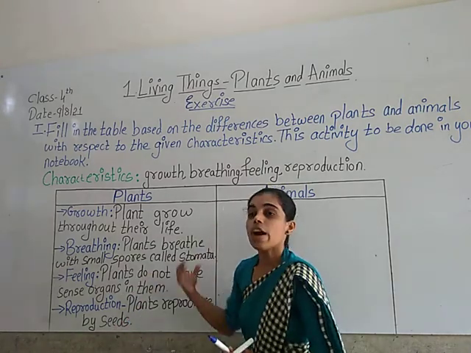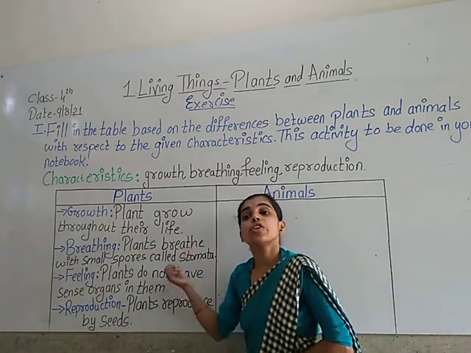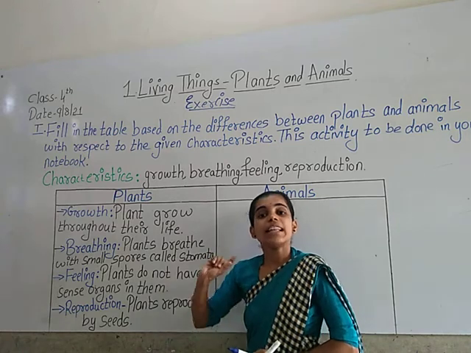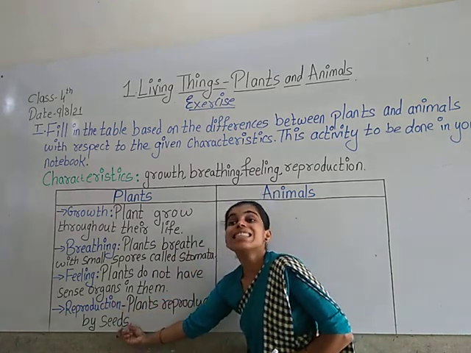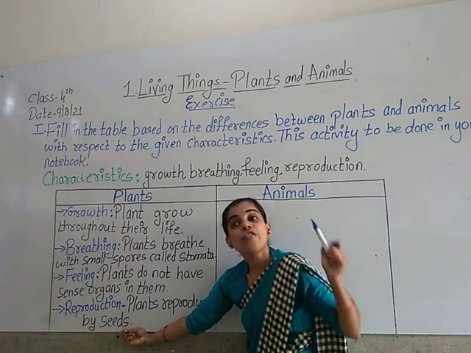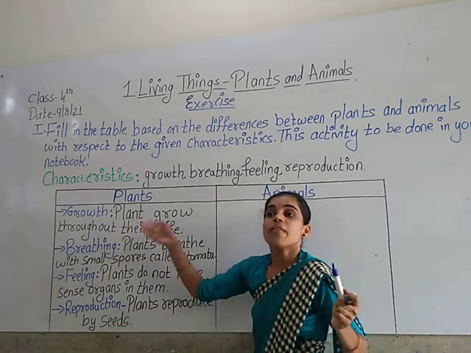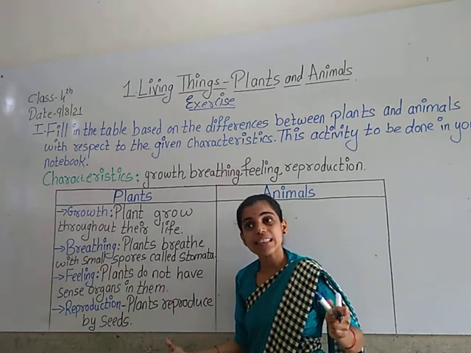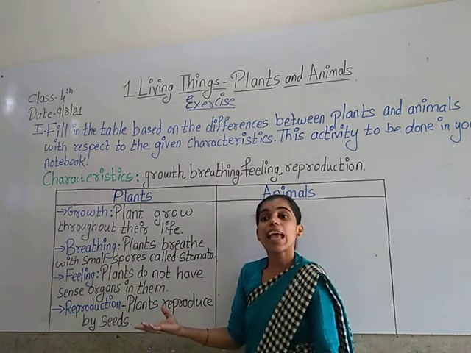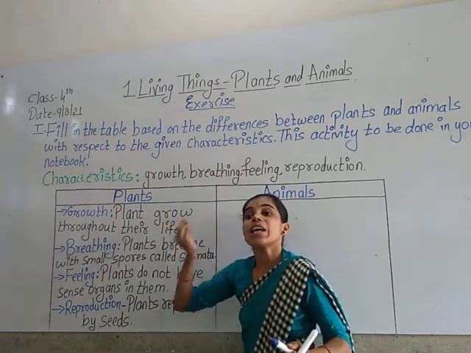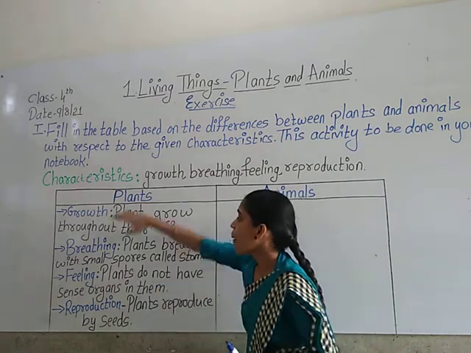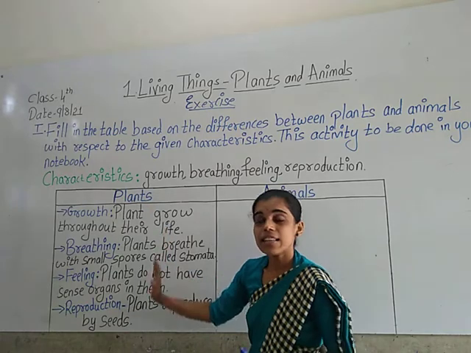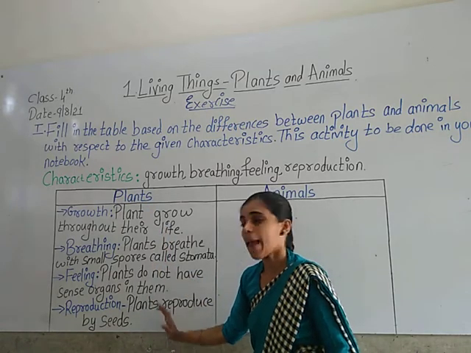They cannot lay eggs, they cannot give birth, but they can reproduce with the help of seeds in the fruits. So, when we put these seeds in the soil, the same plant will grow and it will become a tree.